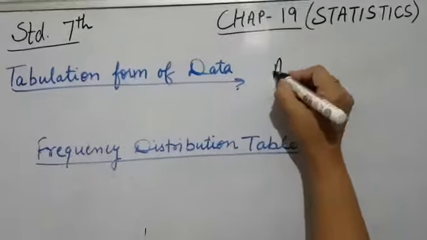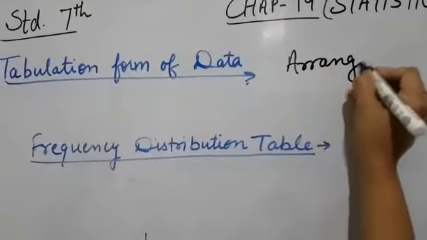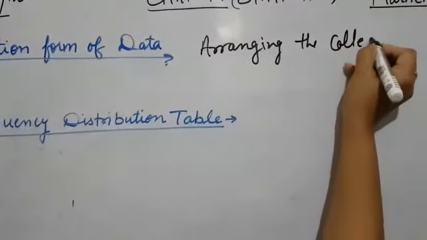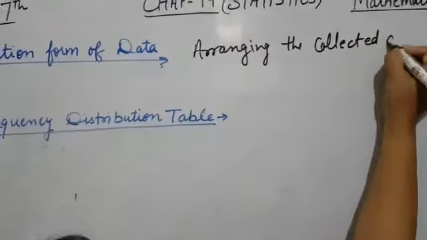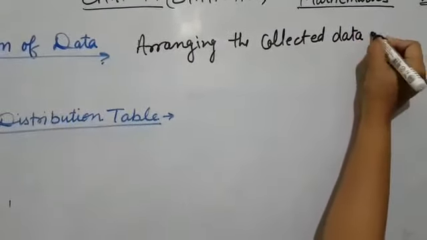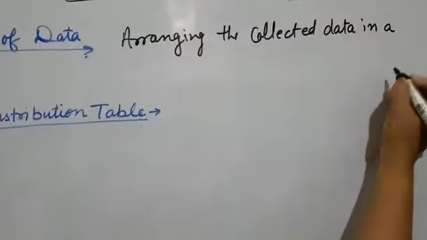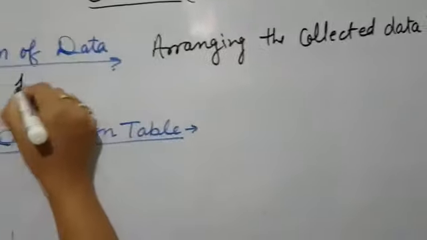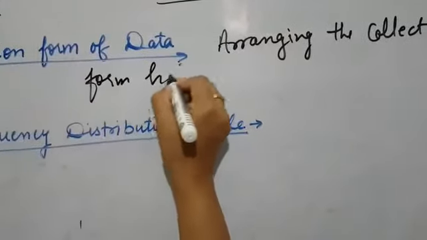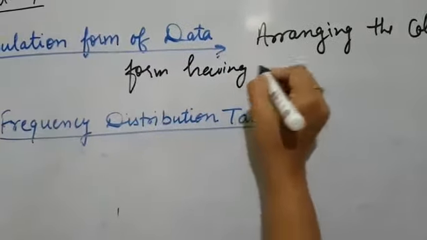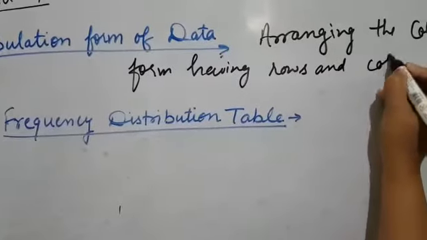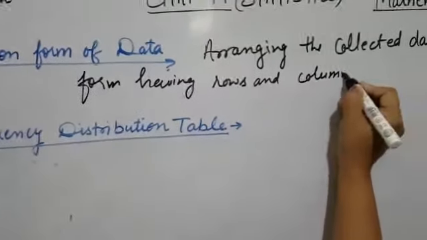means arranging the collected data in a table form. A table has rows and columns.